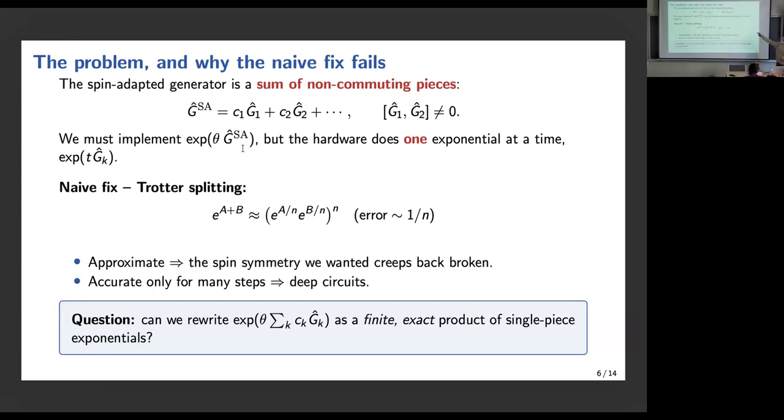So here, you're assuming that you know how to implement G1, G2, and so on. And the problem here is how do you implement e to the G_SA, the spin adapted generator?